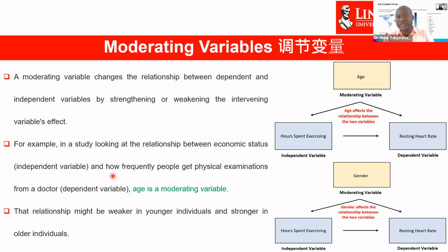For example, in a study looking at the relationship between economic status, which can be the independent variable, and how frequently people get a physical examination from a doctor, which can be the dependent variable, age is a moderating variable in this case. That relationship might be weaker in younger individuals and stronger in older individuals. This is an example of a moderating variable.